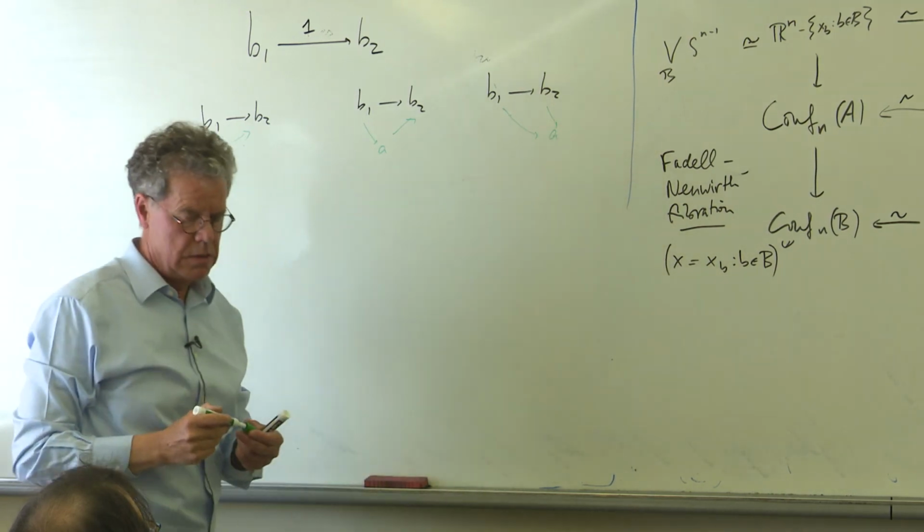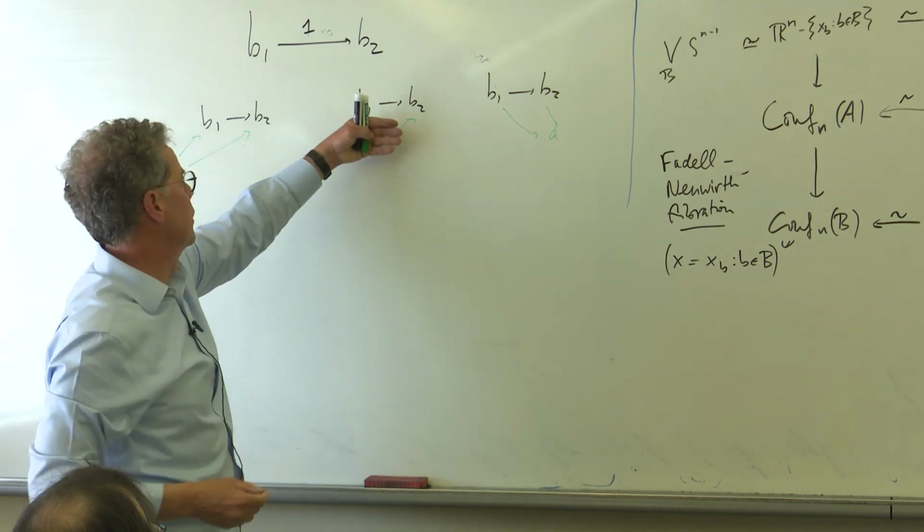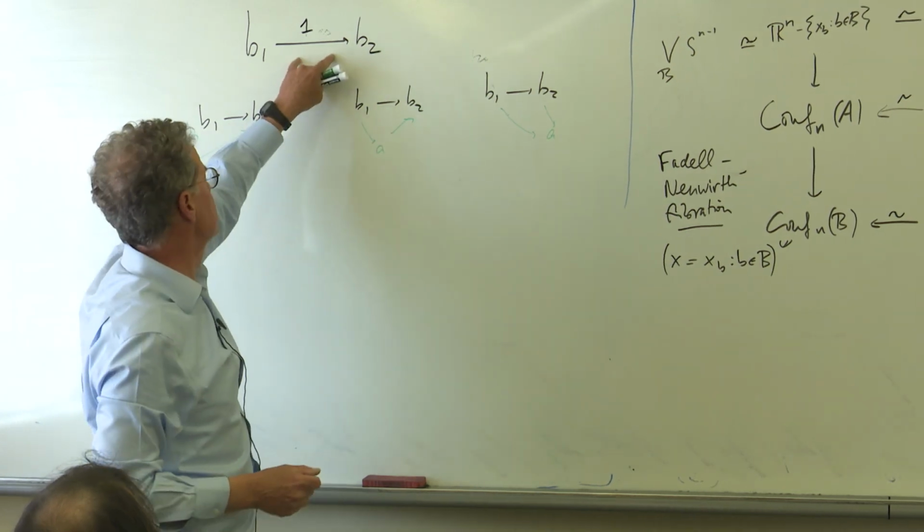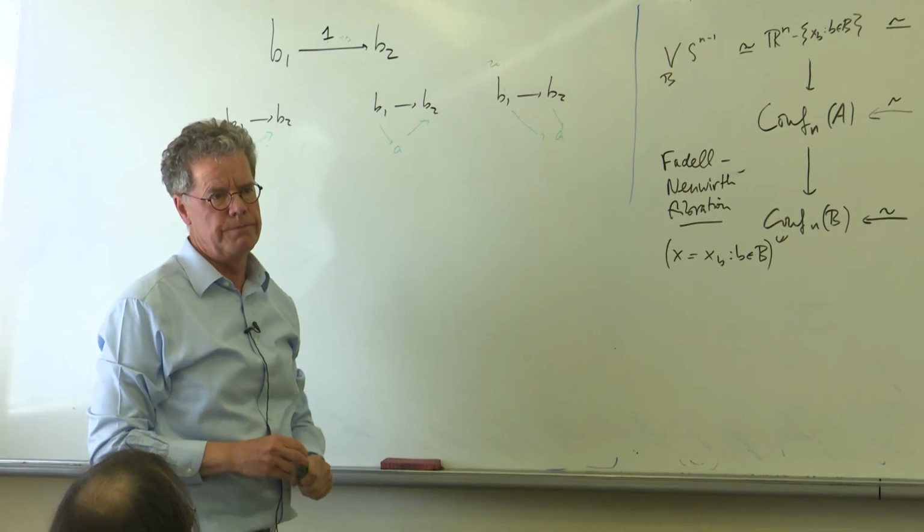So if I have a graph such that I forget the point A and I land below this one, it has to be one of these 3.